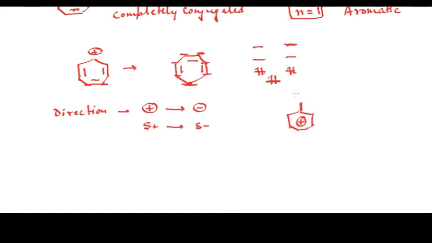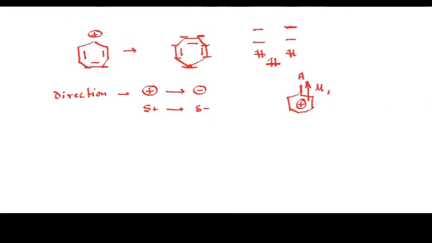If it is attached to any atom, then the direction of the dipole will always be from positive to negative. So it will be like this. This will be the direction of the dipole moment in this. So this is how you can check the direction of the dipole moment. That will help you in predicting whether the molecule is polar or non-polar. So this is a polar molecule, or better we can say a polar ion.